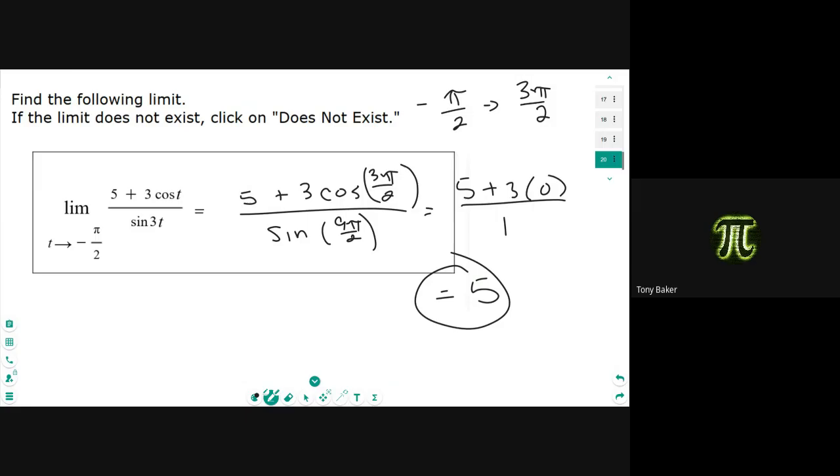All right. 3 times 3 pi over 2. All right, let's do this one.